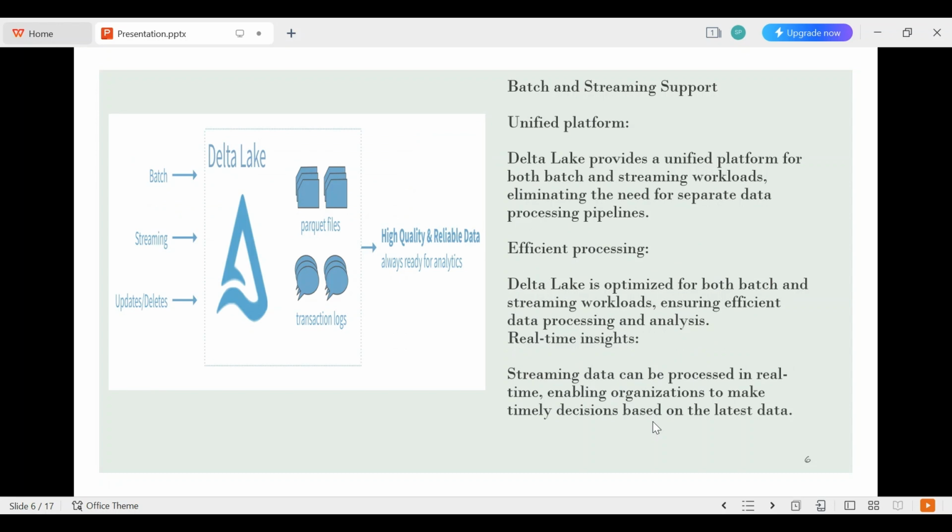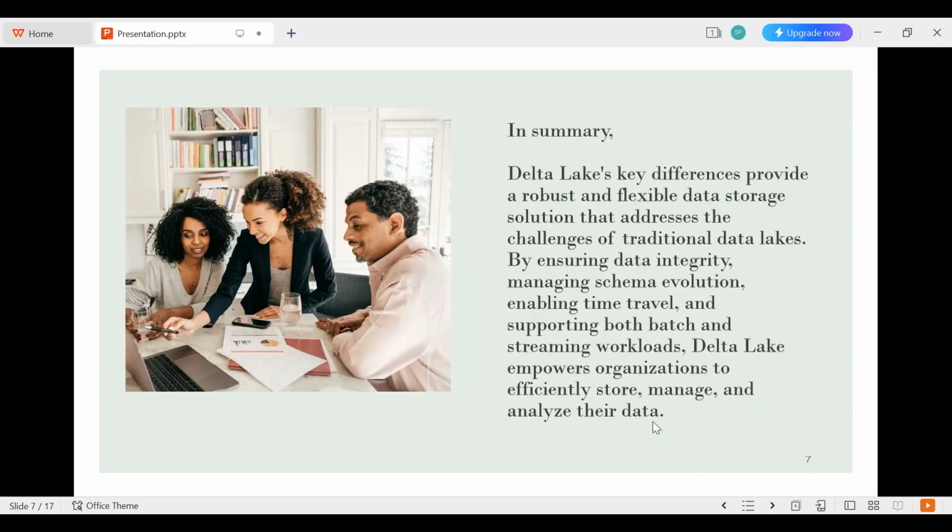Sometimes the data has to be processed in real time, like ATM transactions, online transactions, or point of sale in a store. For this kind of stream data, the business wants to understand the KPIs in real time, and Delta Lake supports that type of need also.